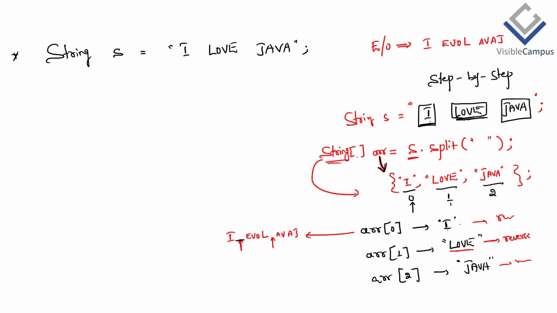Once the array index is 1, add a space after that. Once the array index is last, do we need to add a space after that? No. Once the array index is not last, add a space every time. Once it reaches the last, don't add a space, to get a proper reversal. Even if you add one blindly, we can't see it in the output. But when we compare with palindromes, we'll get it wrong. Understood? So this is the step-by-step approach.